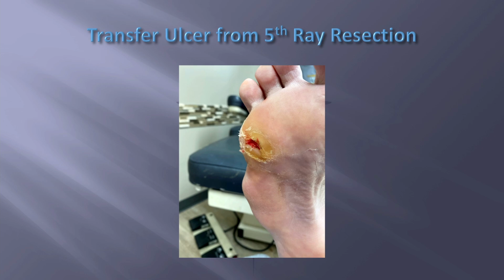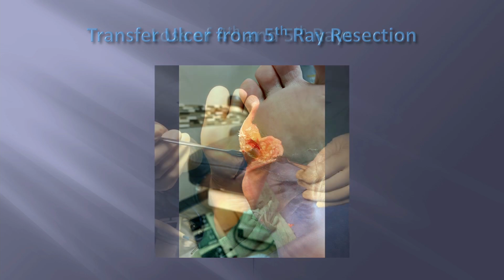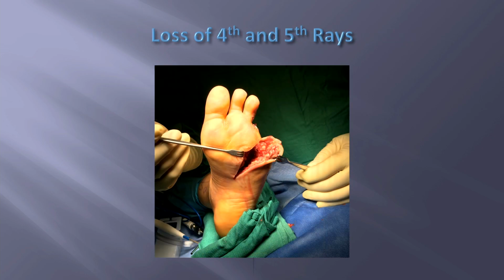So you take out the fifth ray, the pressure goes to the plantar aspect of the fourth metatarsal head. Now, loss of fourth and fifth rays, this is interesting. I have a young man who had a necrotizing fasciitis, very young guy in his 30s, who we had to take the fourth and fifth metatarsals out because of the tissue necrosis. He went on to do really, really well.